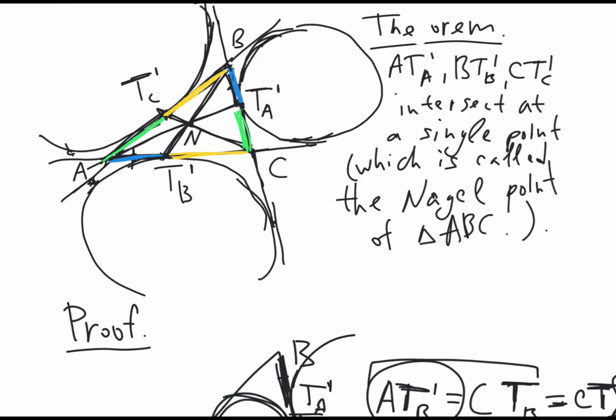So now, because of these equalities, let's denote the blue one by x, the yellow one by y, and the green one by z.